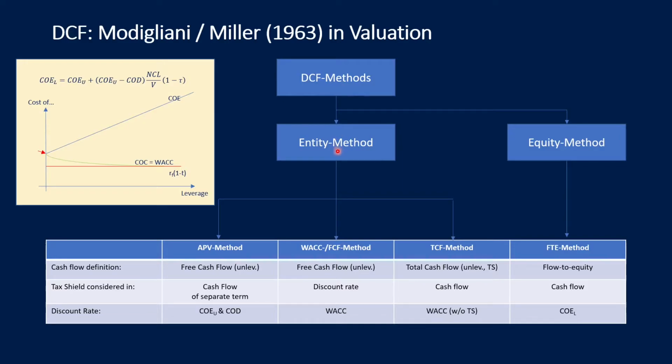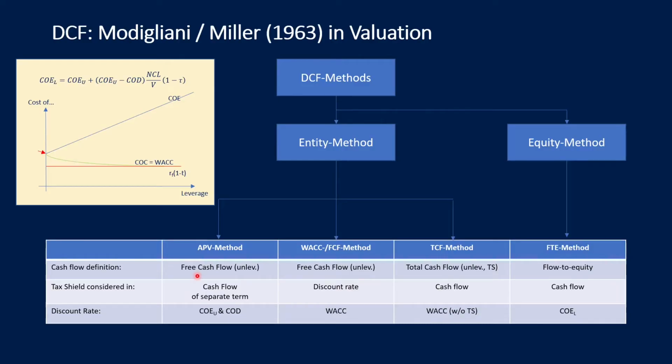And again, we have to split into entity methods and the equity method, and we can derive 4 different methods, all of them showing the tax shield differently. The APV, which stands for adjusted present value, because they adjust the present value in another term. So they have the tax shield considered in the cash flow but in a separate term.